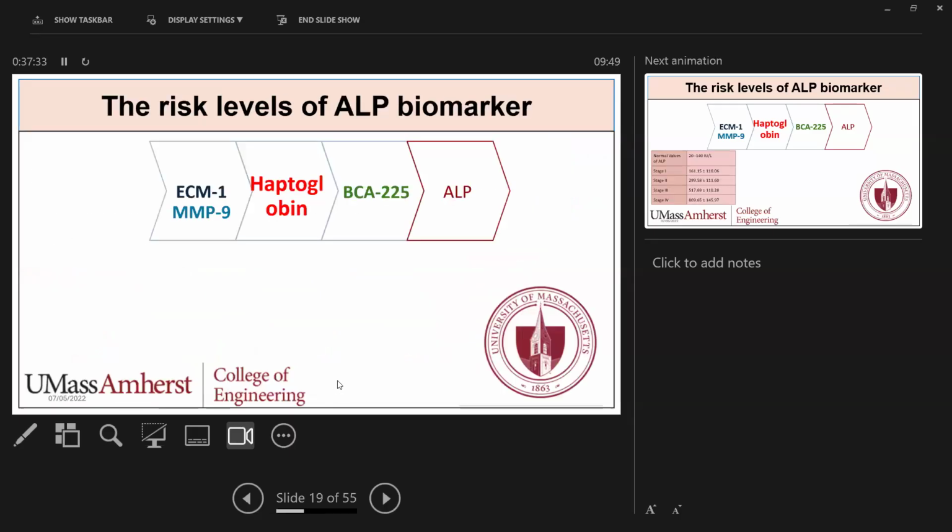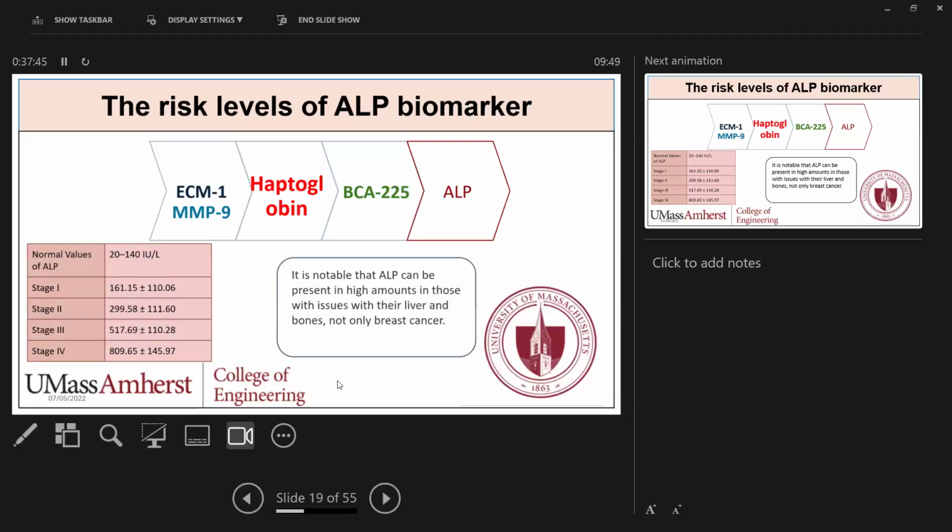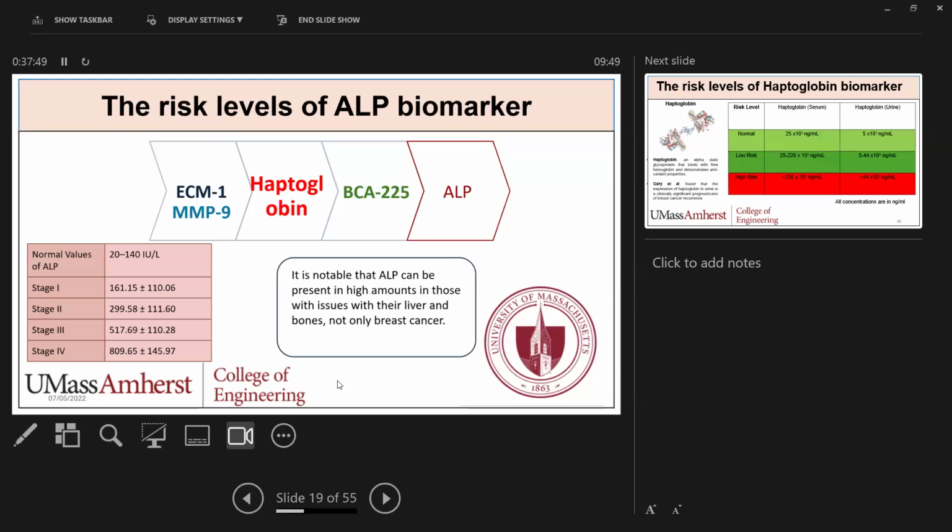As I mentioned before, different biomarkers can be used like ECM1, MMP9, haptoglobin, BCA 225, ALP. First, we need to know the normal levels or the different levels of these particular biomarkers in different stages of the cancer.